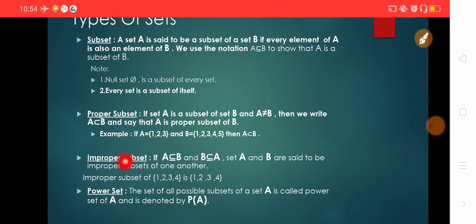For example, the improper subset of 1, 2, 3, 4 is 1, 2, 3, 4.